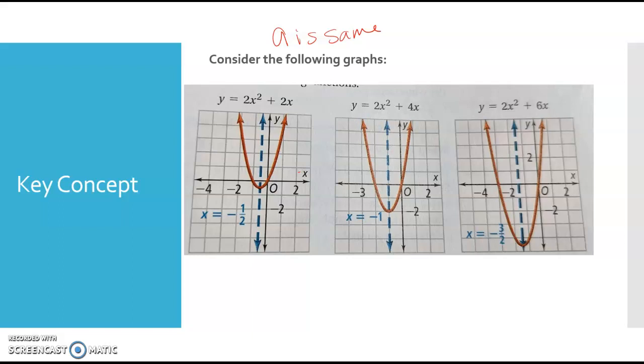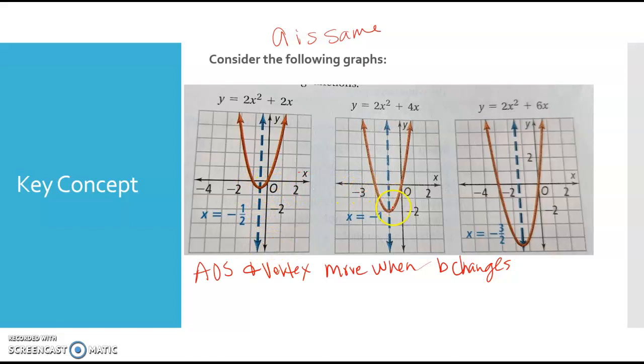But notice that our vertex moved, right? So here we have our axis of symmetry. The axis of symmetry and vertex move when b changes. When my b was 2x, we are clear up here.